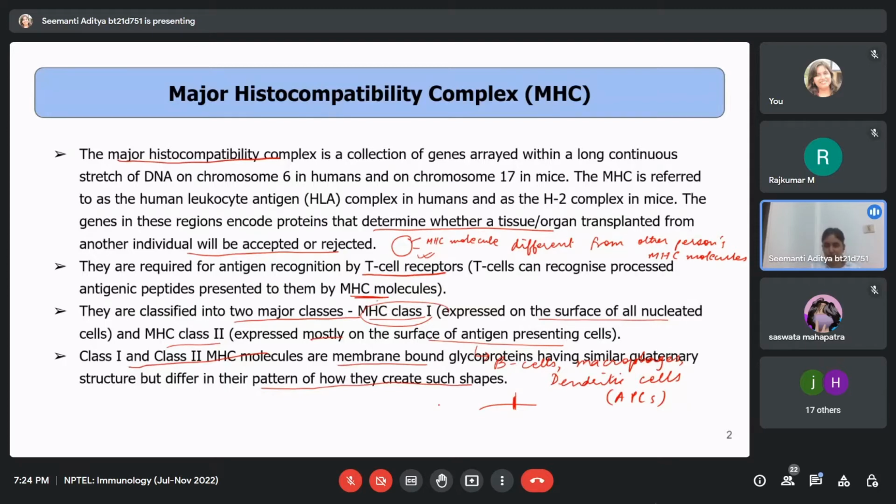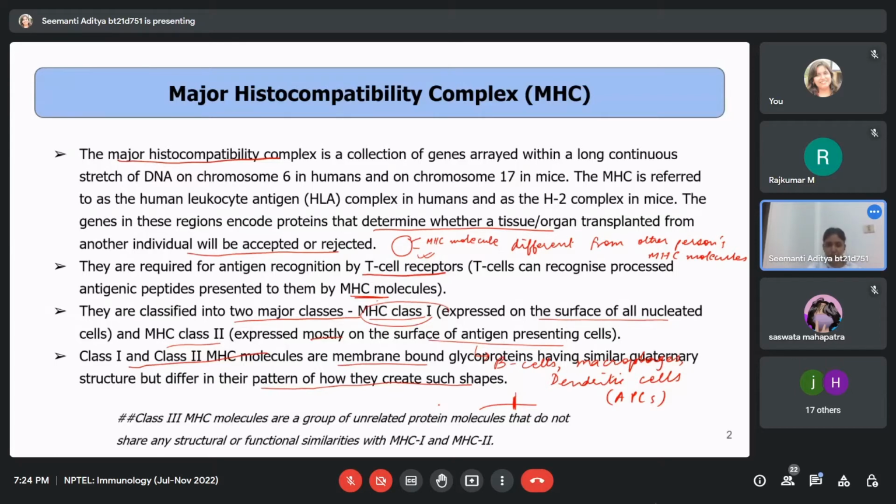Then comes the quaternary structure where two or three subunits come together and make a whole protein structure. So class 1 and class 2 molecules also have two subunits that come together and make a structure. So we call it a quaternary structure, and we'll see how their structure is quite similar yet different. So we have also come across a term, class 3 MHC molecules.